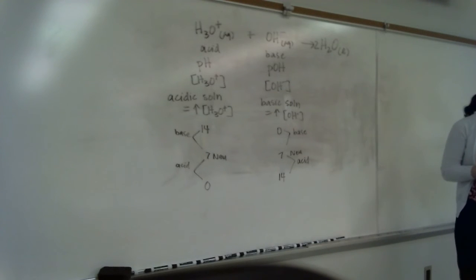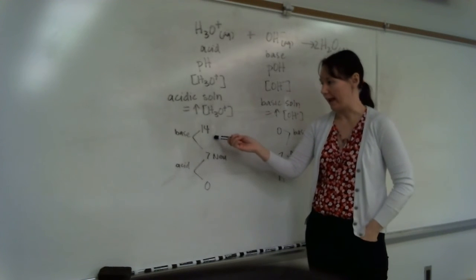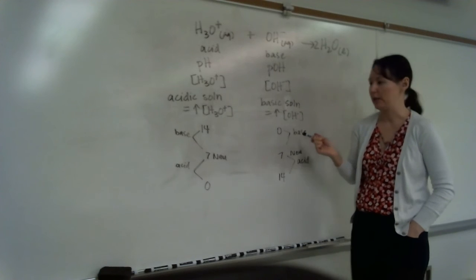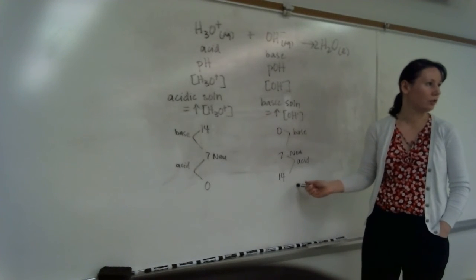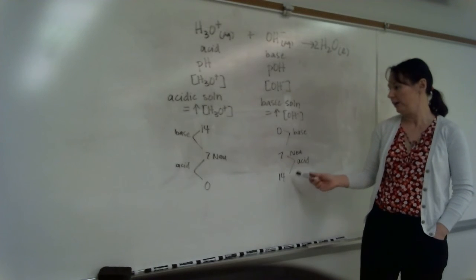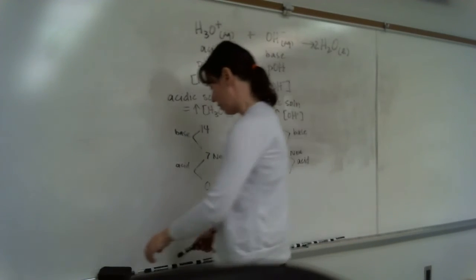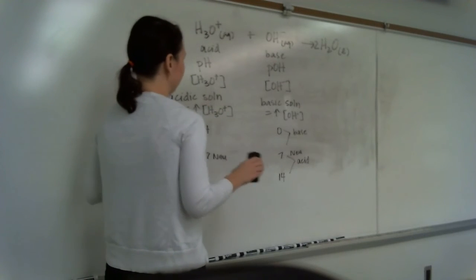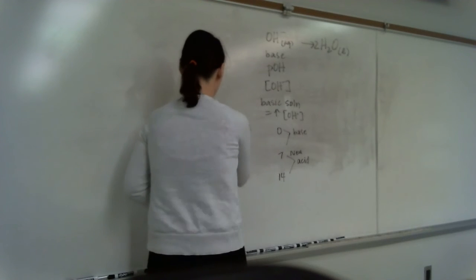Do you see how these are the opposite of each other? They run opposite directions. If you have a high pH, you're going to have a low pOH, and if you have a low pH, you're going to have a high pOH. 7's neutral on both of the scales, though. If you understand pH calculations, pOH calculations work exactly the same way in your calculator. So let's talk about pOH calculations.